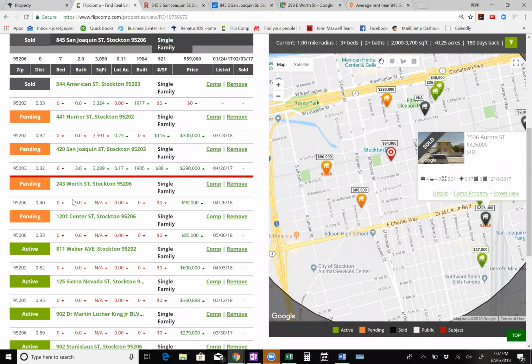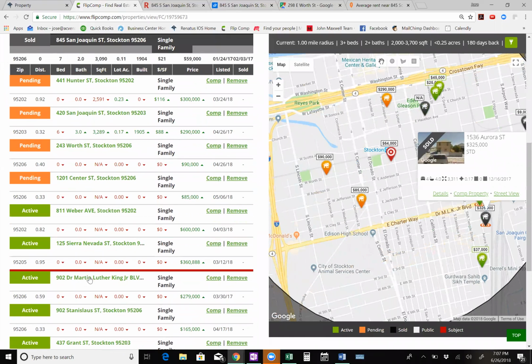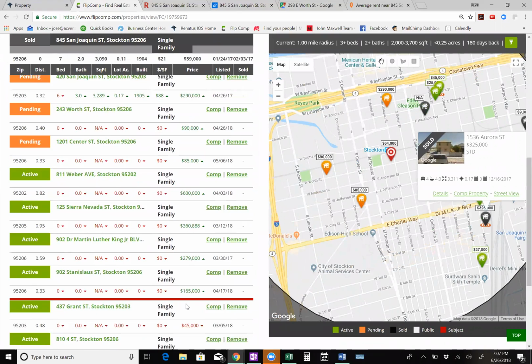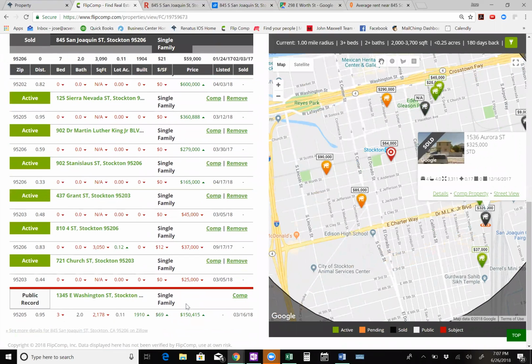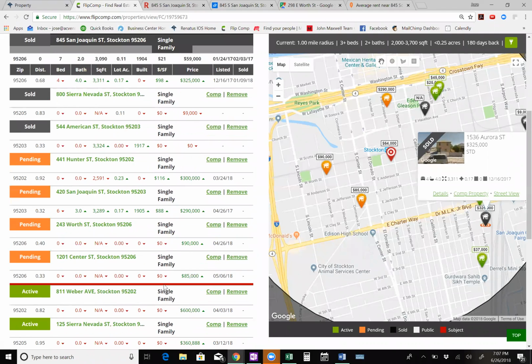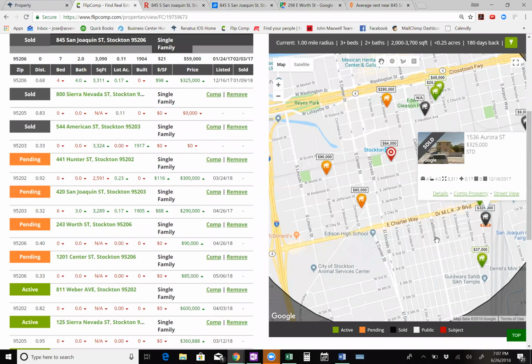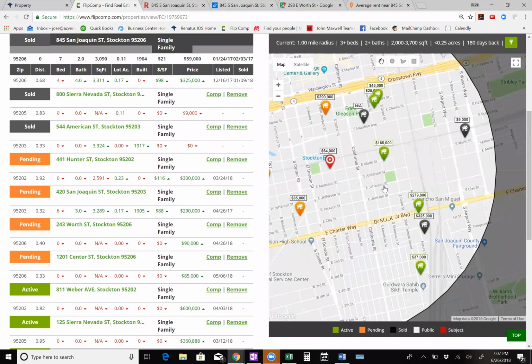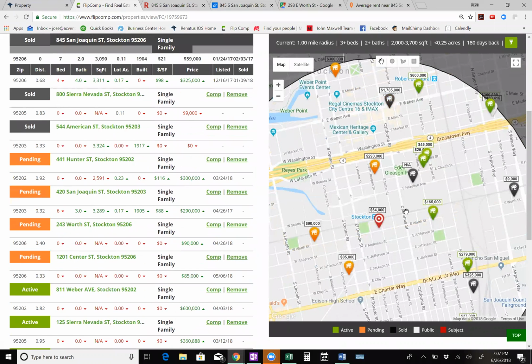This is the same. 279. So you can see that it's all over the place, right? And when it's like this, I just like to be safe. I probably wouldn't pay more than 250 for sure. I would actually want to be around 200, 225. So let's just look at it.